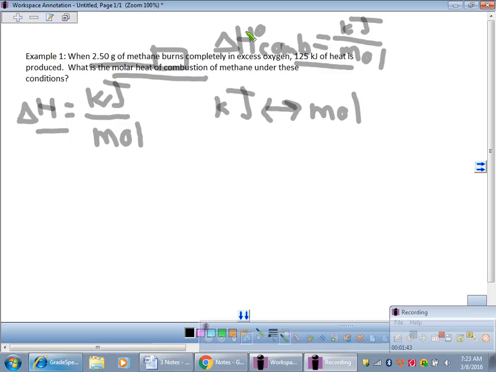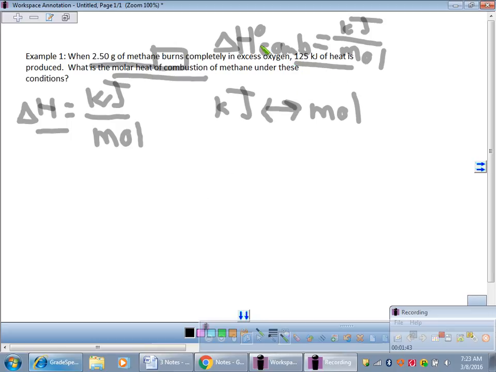Heat and enthalpy are different because with heat, we're just talking about how much energy is being produced or absorbed, but with enthalpy, we're specifically talking about how much energy is produced or absorbed per mole. So that means two different things, and do not mix those two up. So if you see kilojoules by itself and you don't see a delta H or an H by it, then make sure that you know that that is heat, not enthalpy at this point.